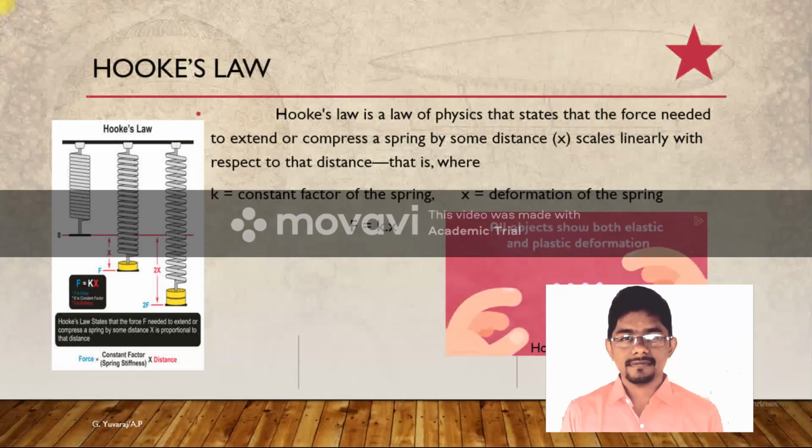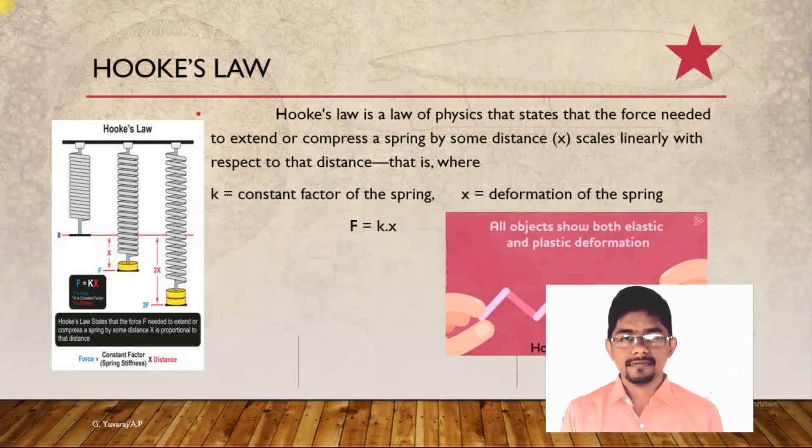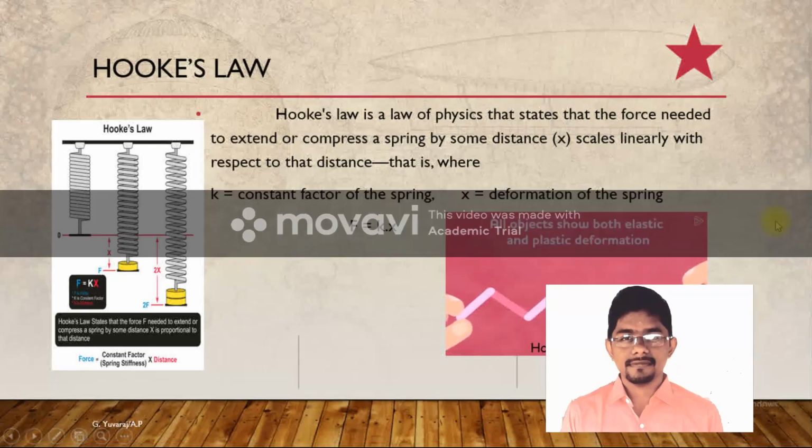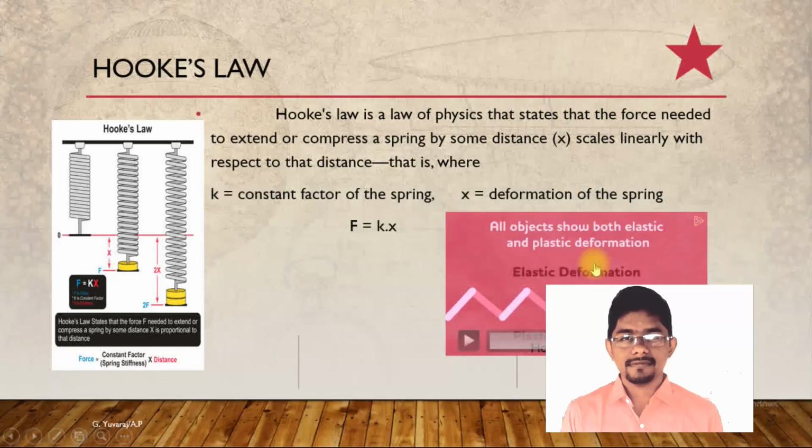Yes, for instance, if we just keep extending the spring forever, there will be a certain limit beyond which the length won't increase further. And if we try to apply more force, the spring may loosen and end up breaking. So the spring shows elastic deformation up to some extent, beyond which it results in plastic deformation.